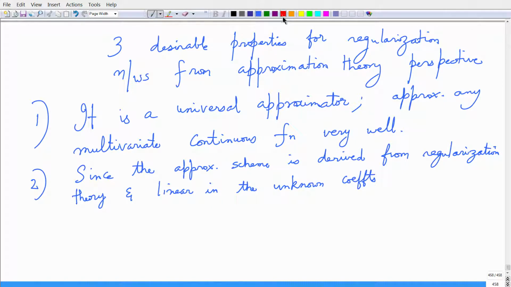because if it is not linear in the unknown coefficients, then we will have to look at some nonlinear solution techniques, and that can become quite complicated.